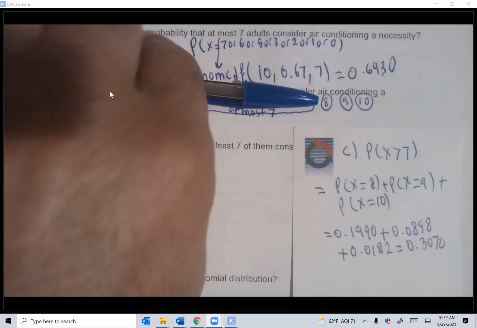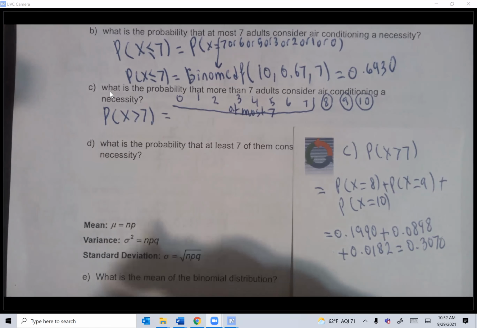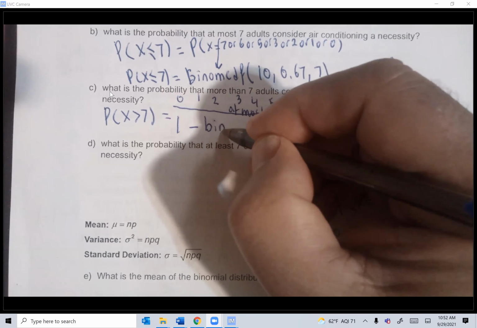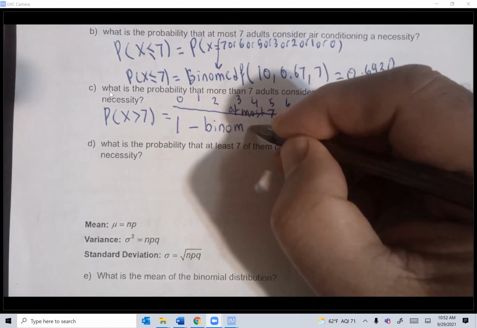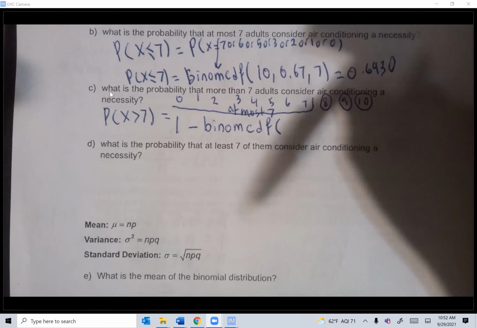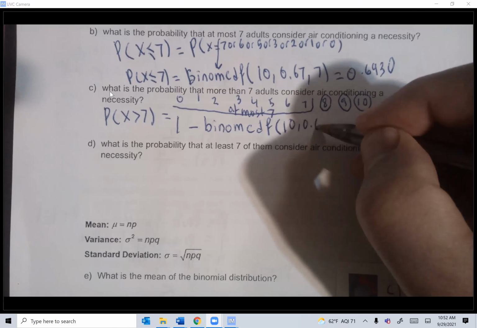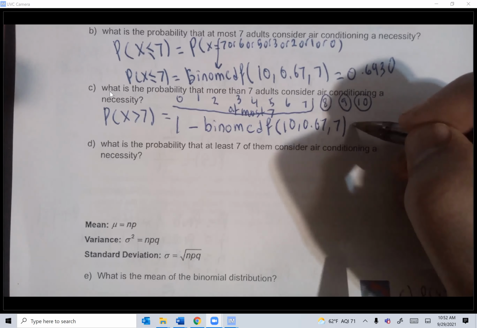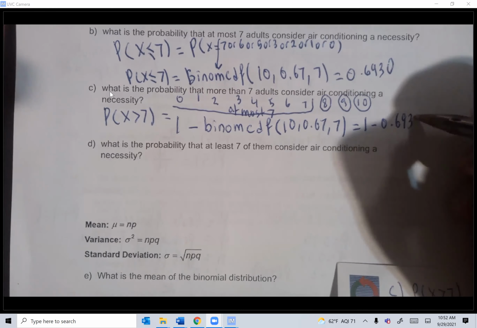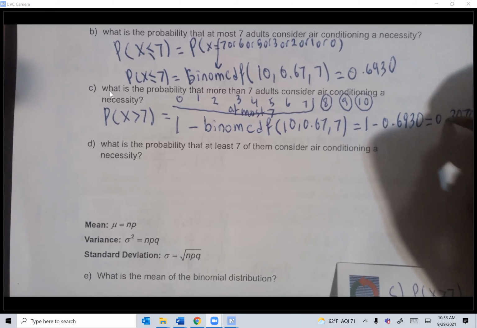So when he gives you probability of x greater than 7, here's what you can do. You can do 1 minus Binomial CDF always. And I'm going to write those summaries at the bottom once we're done. CDF. And you put n, which is 10, 0.6, and put 7. And it will be 1 minus. It happened that we did this in the previous question, and that's going to be 0.3070.